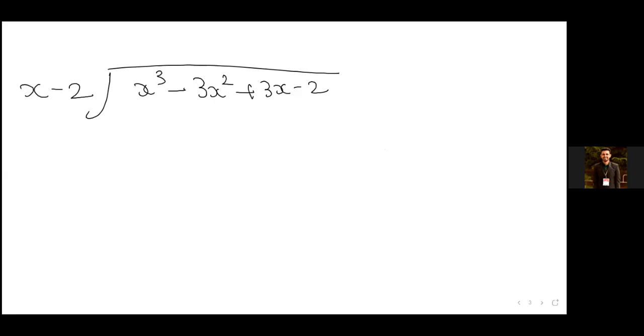Yes, Aditya, you are right. But what about the quotient?